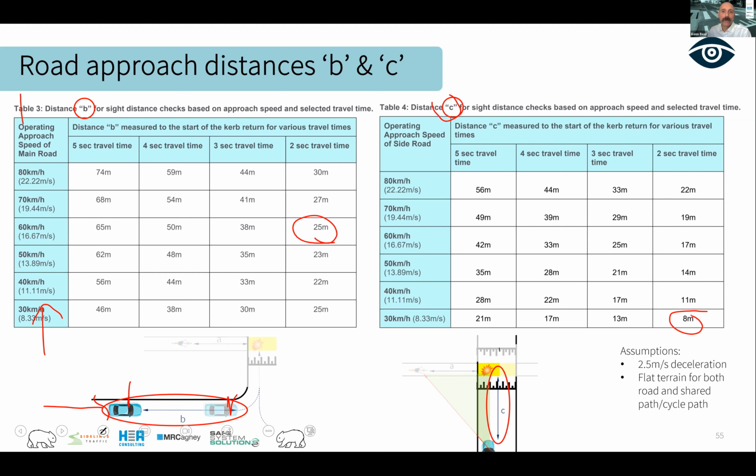A bit of just judgment on that is appropriate. There's a few assumptions, in this 2.5 meters per second squared deceleration, flat terrain, and the coefficient of friction as a wet road as well.